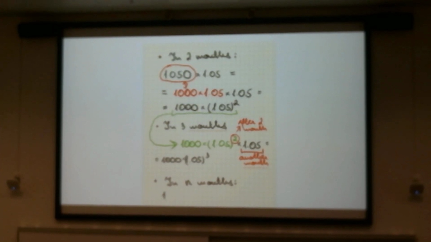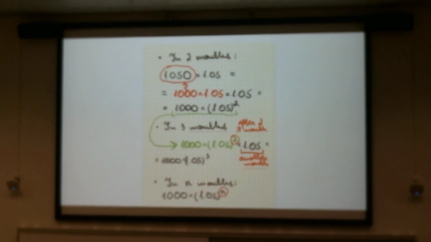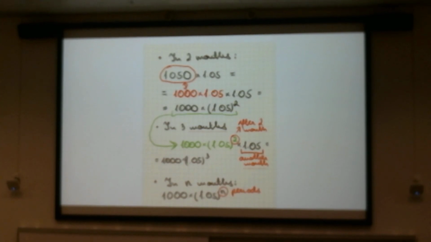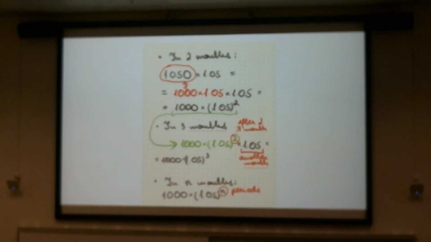The general formula in this situation is just 1,000 times 1.05 to the power of n. So we just need to take the number of months or periods. It really depends on what situation you are looking at. It could be days, quarters, years. So this is just periods, depending on the periods of time that you are talking about. You just need to raise to that number.